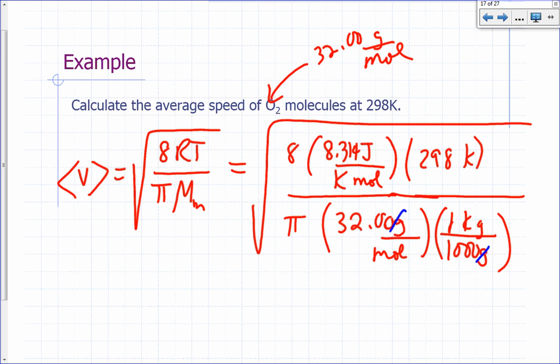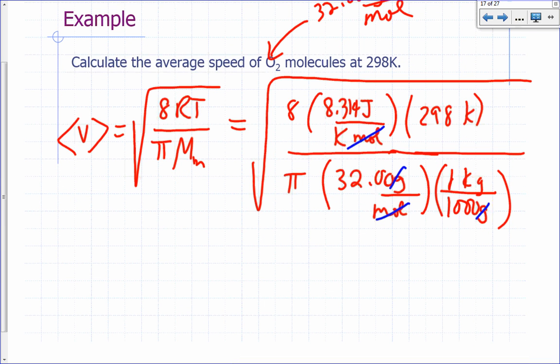So grams cancels out. Moles cancel out. Let's look at the unit inside. Kelvin cancels out. So what's the remaining unit? The remaining unit inside your square root sign is joules per kilogram. What's a joule per kilogram?